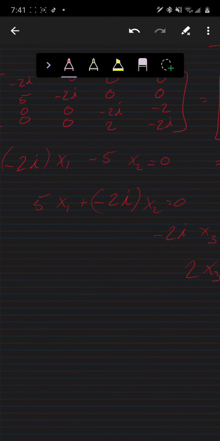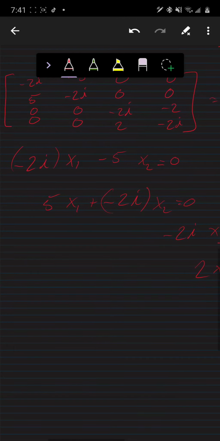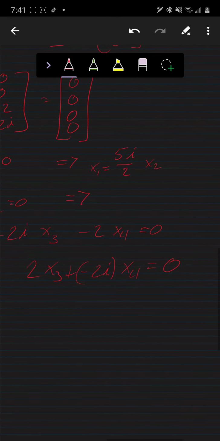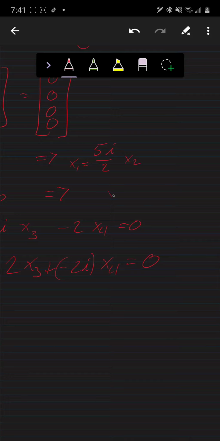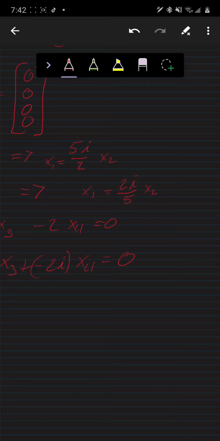Hopefully I'm doing it right. For the other equation, x1 equals 2i over 5 times x2. Now for these two, since they're equal to each other, the reason I'm gonna call them 0 is because they're pretty much the same equation if you move it around. So x1 equals 0 and x2 equals 0.